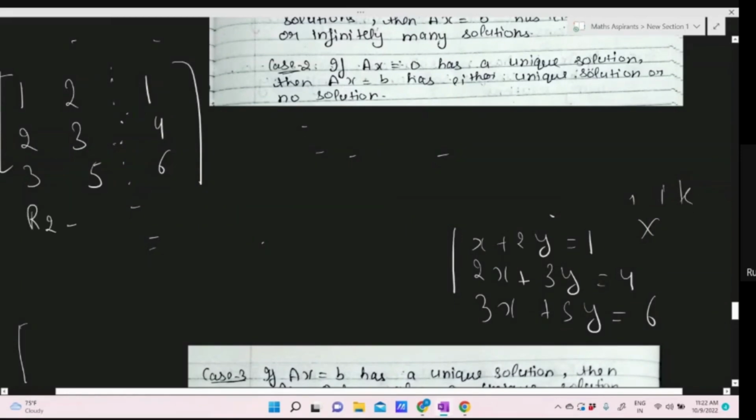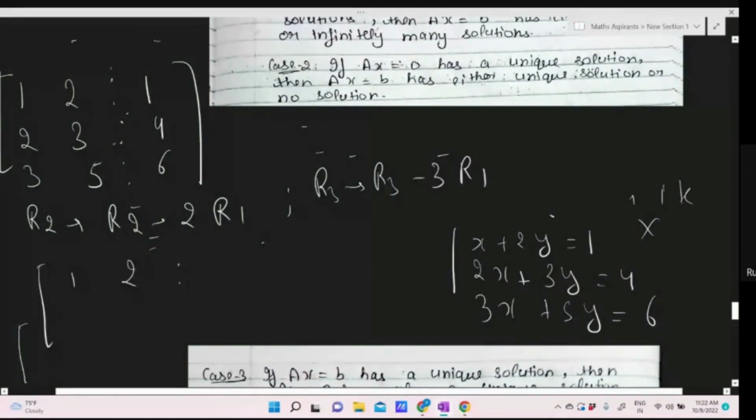You will have to perform row echelon form, that is, R2 to R2 minus 2R1 and R3 to R3 minus 3R1. We get 1, 2, 1; 2 minus 2 is 0, 3 minus 4 is minus 1, 4 minus 2 is 2; 3 minus 3 is 0, 5 minus 6 is minus 1, and 6 minus 3 is 3.